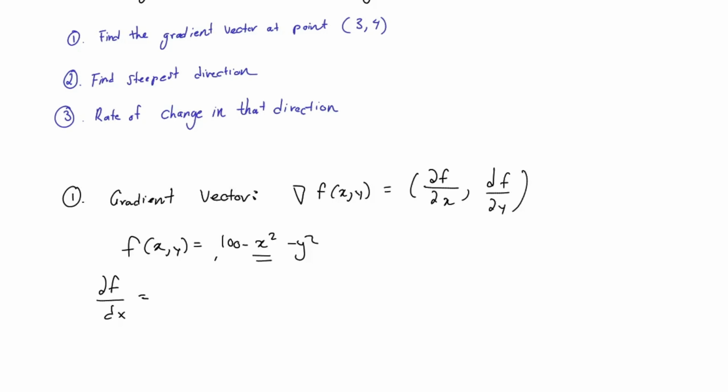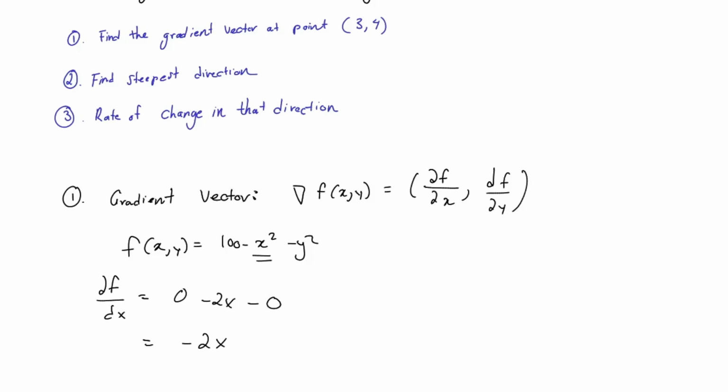So this becomes 0, and this one we do have to take the derivative of, so it becomes -2x. And this -y² is not attached to an x, it's just a y, so we can forget about it, so it becomes -0. So what we're left with is just -2x.